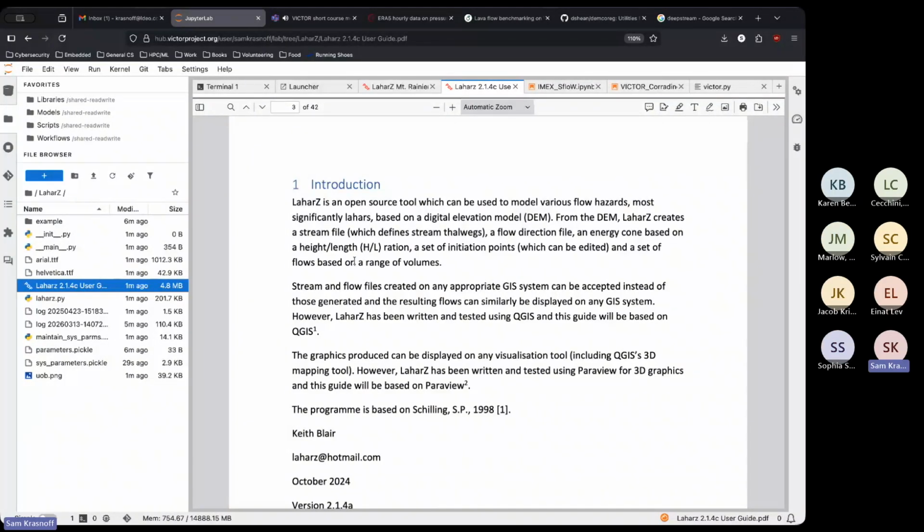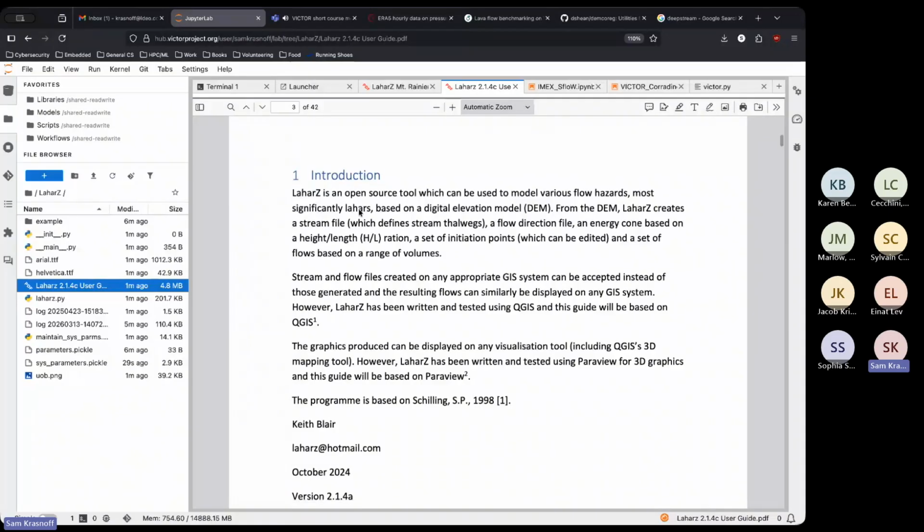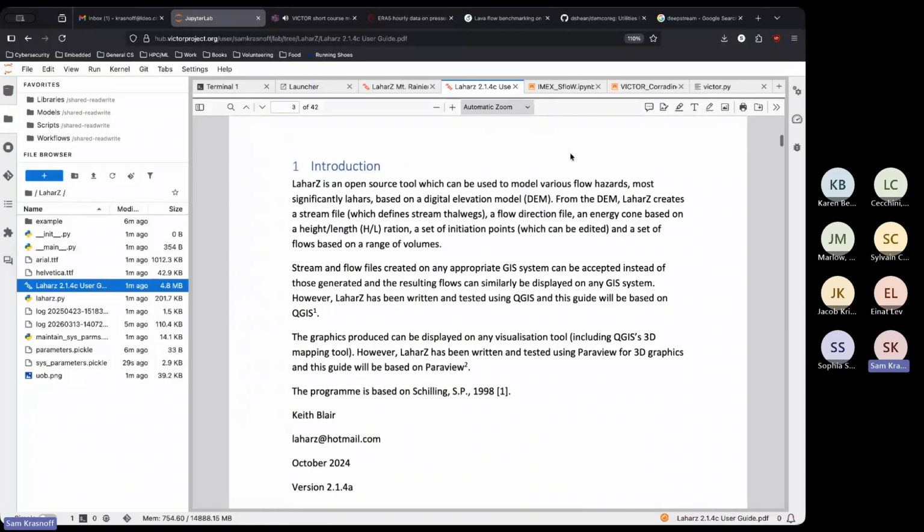So I'm going to take another 2 minutes to discuss this, and then I will get everyone started on the activity for today. So Lahars is an open source tool to model various flow hazards.